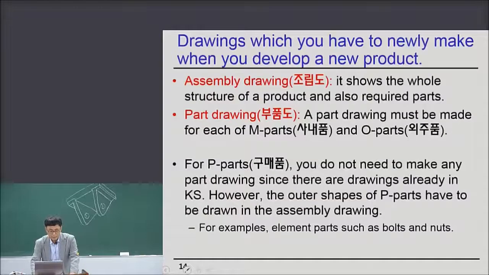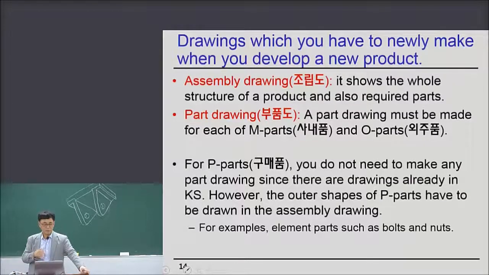Okay, and the drawings you have to newly make when you develop a new product are the assembly drawing and part drawings. The assembly drawing shows the whole structure of a product and also the required parts. A part drawing must be made for each M part and O part.